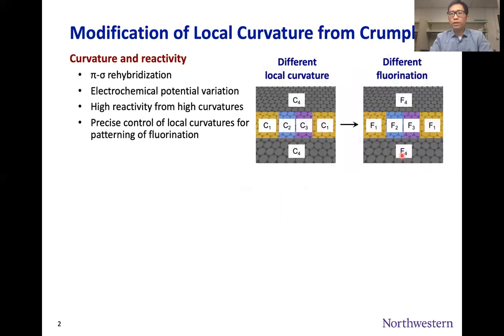So in order to achieve these spatially defined fluorination levels, maybe we can first introduce spatially defined local curvatures in the graphene, then through some reactions, we can achieve these spatially defined fluorinations. So this means we have to be able to precisely control the local curvatures in the graphene.